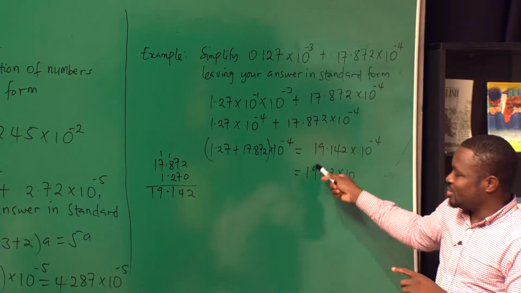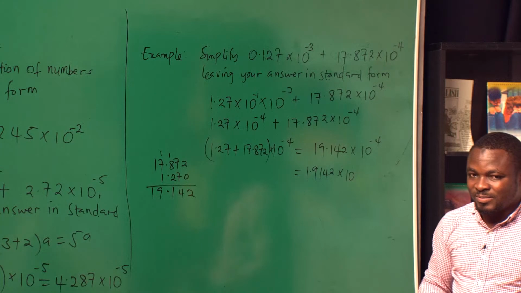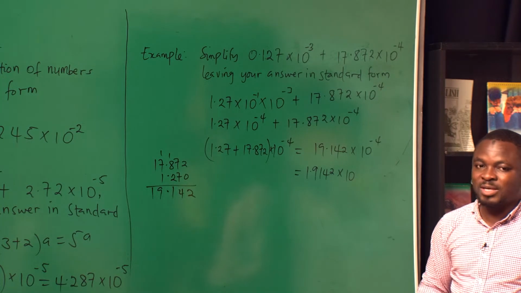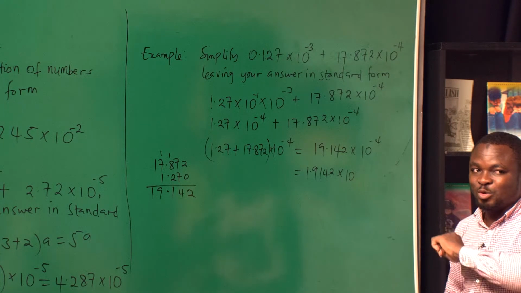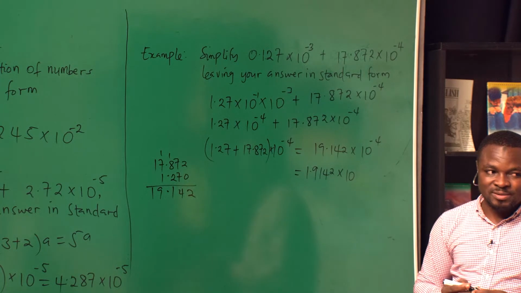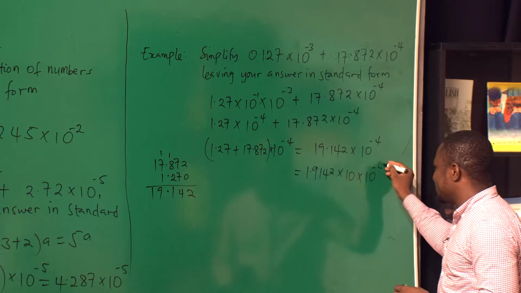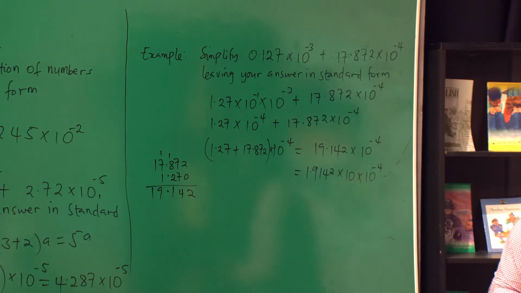If you move the point to the left, the exponent should carry what? 1, because you've moved to the left once. So 1.9142 times 10 exponent 1, times 10 exponent negative 4.